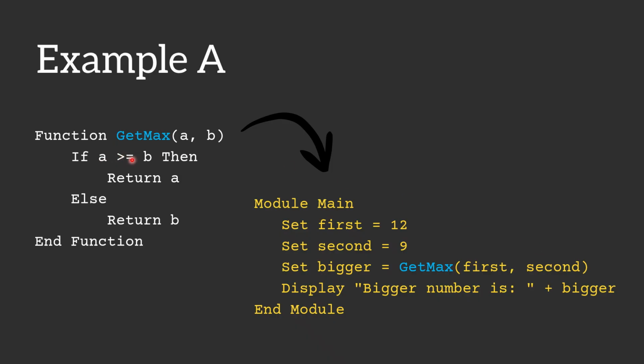Is 12 greater than or equal to 9? Then you're going to return, of course, 12. Whatever that return value is, which is 12, gets stored into the bigger variable. And then the module says display bigger number is, and it'll feed in 12 here.